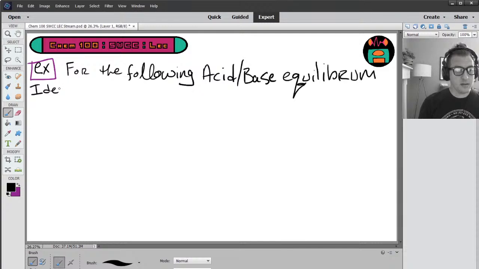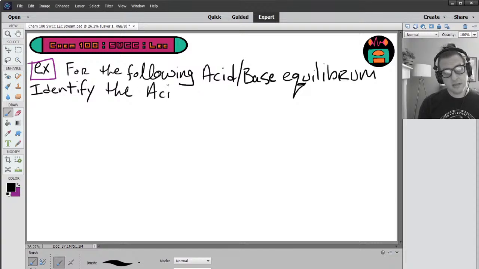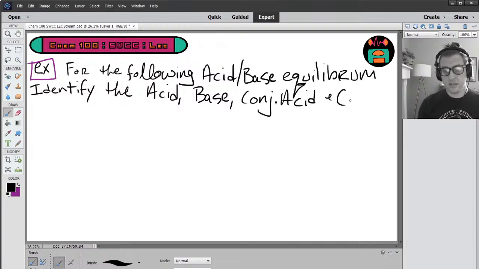Identify the acid, base, conjugate acid, and conjugate base.